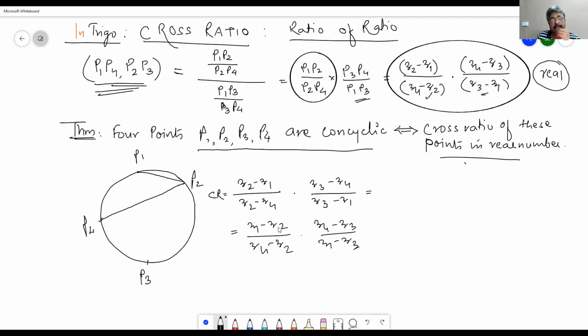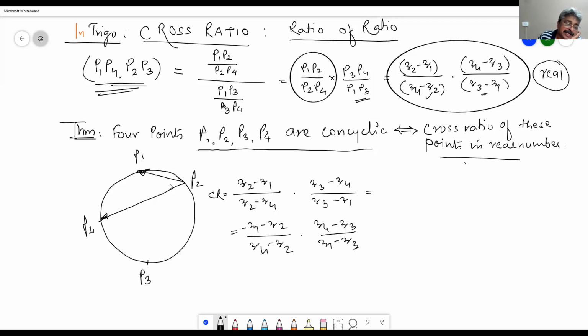So now Z1 minus Z2 is P2P1. So this is the vector which I am talking about as far as this numerator is concerned. And P2P4, this is the vector that I am talking about as far as the denominator is concerned.